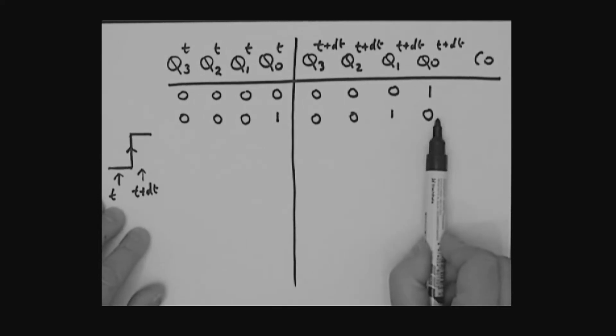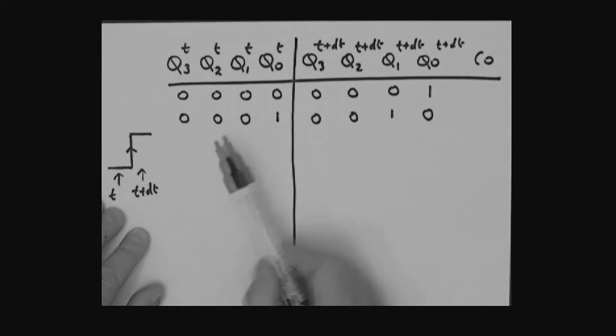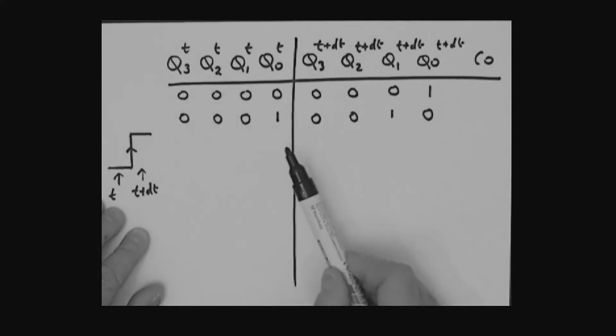It increments. Now, if we're looking at a binary counter, which we'll look at in this particular case, it's going to count from 0, 0, 0, 0 all the way up to what? 1, 1, 1, 1. And then it's going to roll back to the 0, 0, 0, 0 condition.